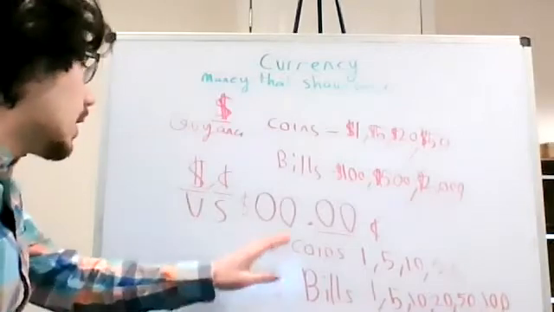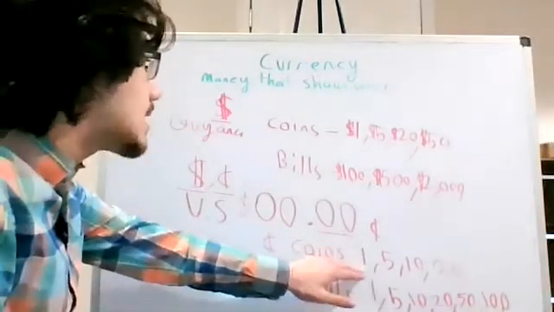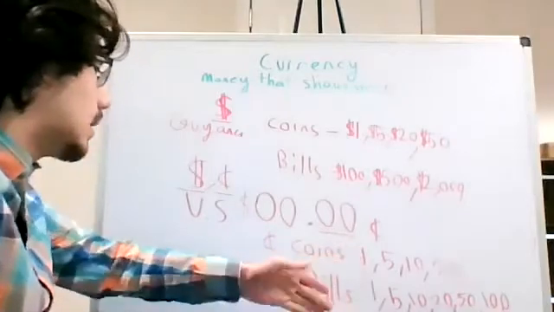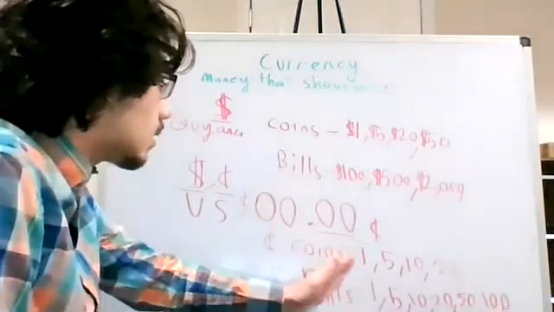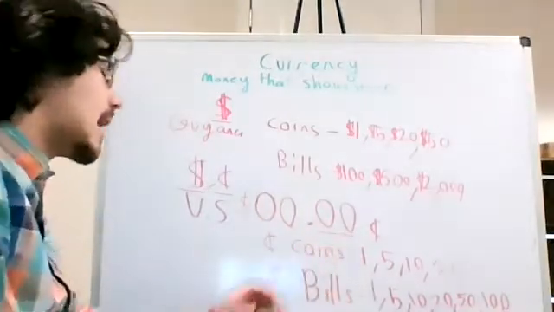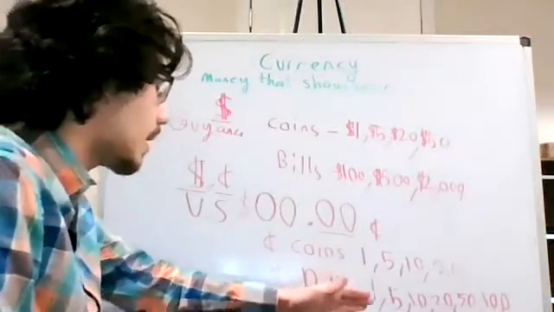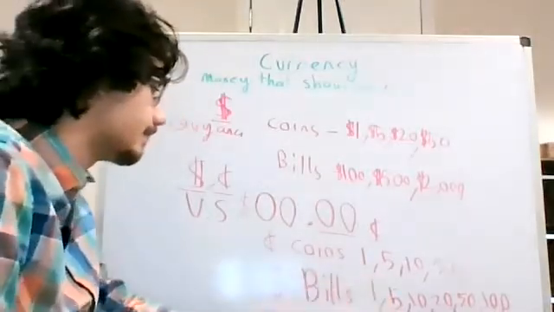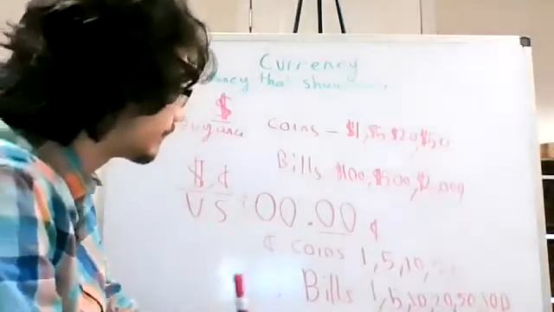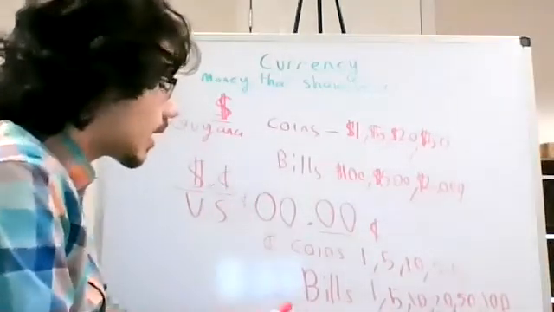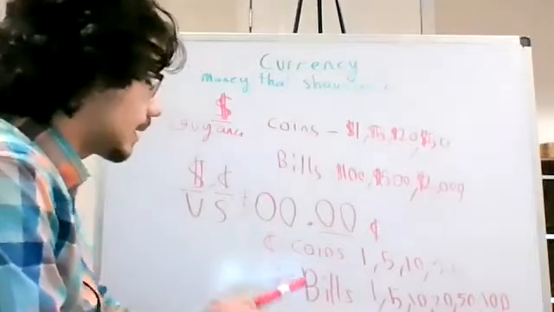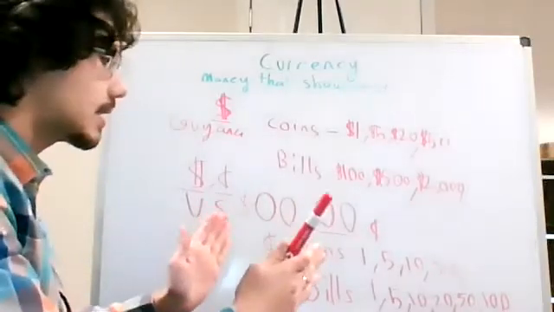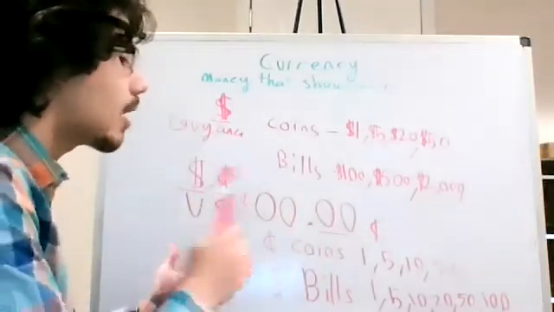The way it is that bills are like the regular currency, and then coins would be parts of a bill.